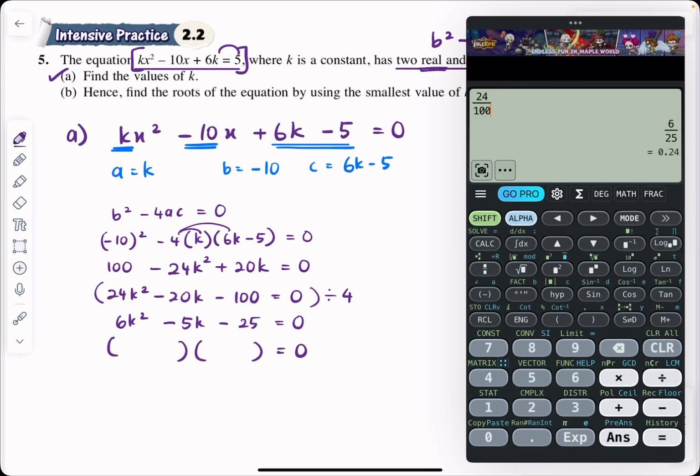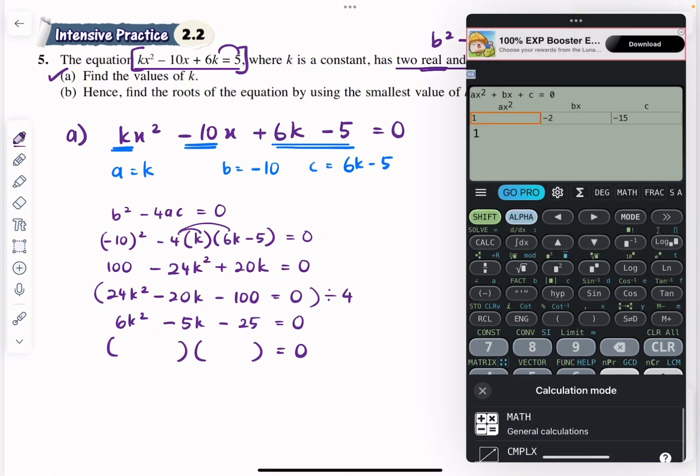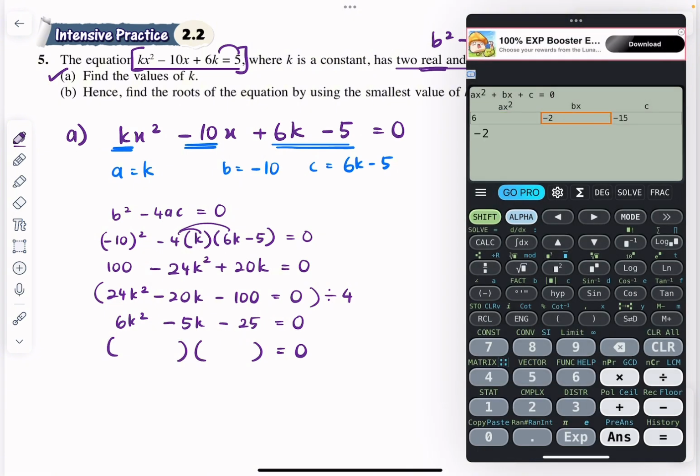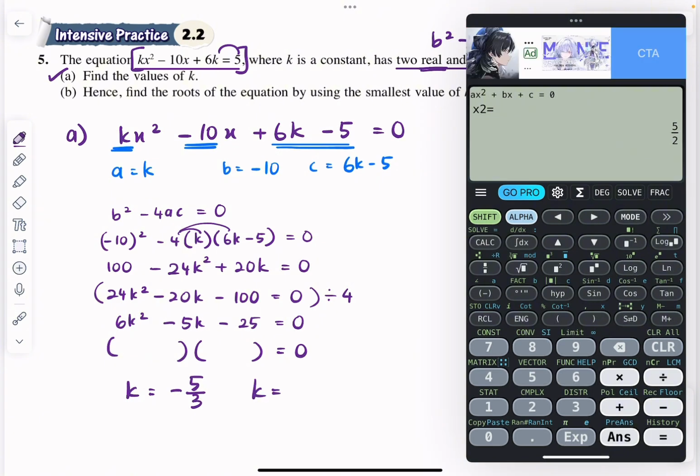So here we can use the calculator to factorize 6, negative 5 and negative 25. So our k is negative 5 over 3 and k equals 5 over 2. So you need to put this in the bracket to get the marks for your working.